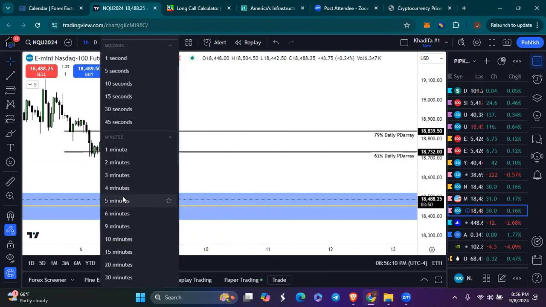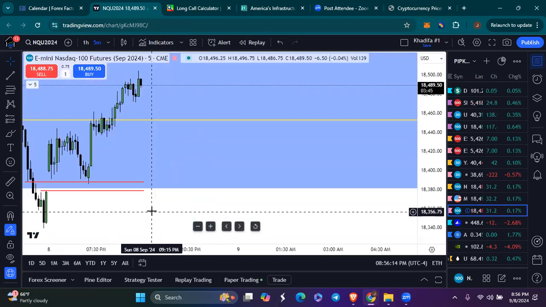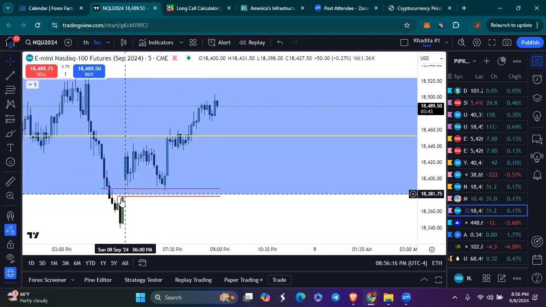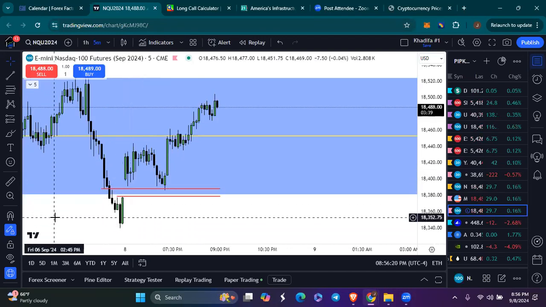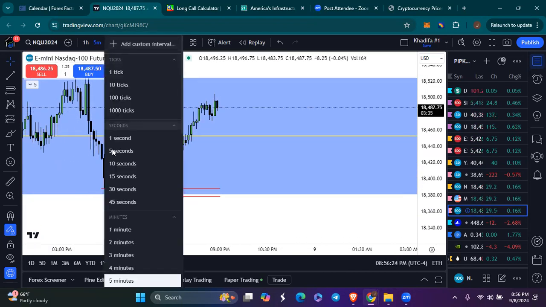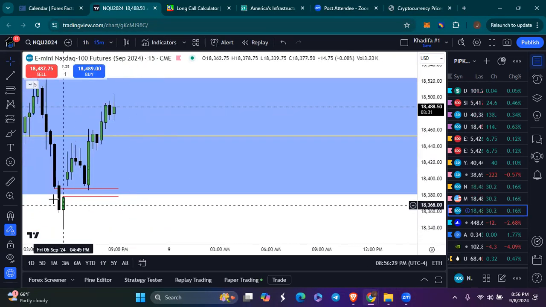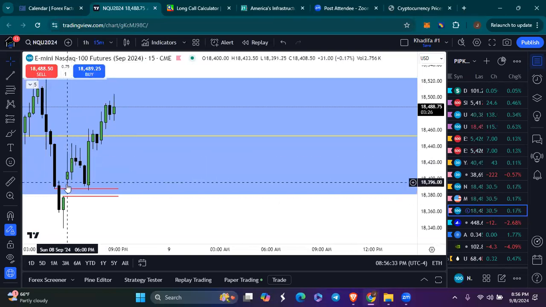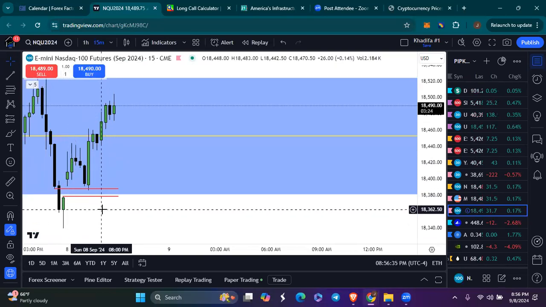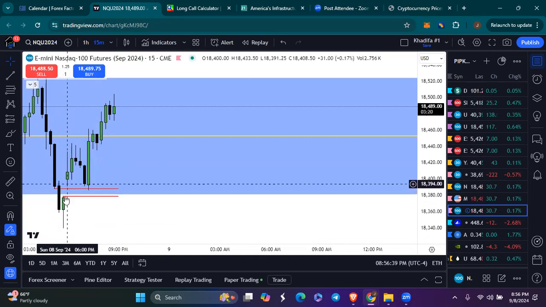You go down to the 5 minute, you can see how NQ opened up with this liquidity void, this gap in price, right? Let's go to the 15 minute. I went a little too low. But on the 15 minute, you can see how NQ opened up with this liquidity void. A liquidity void means that there's absolutely no price there.